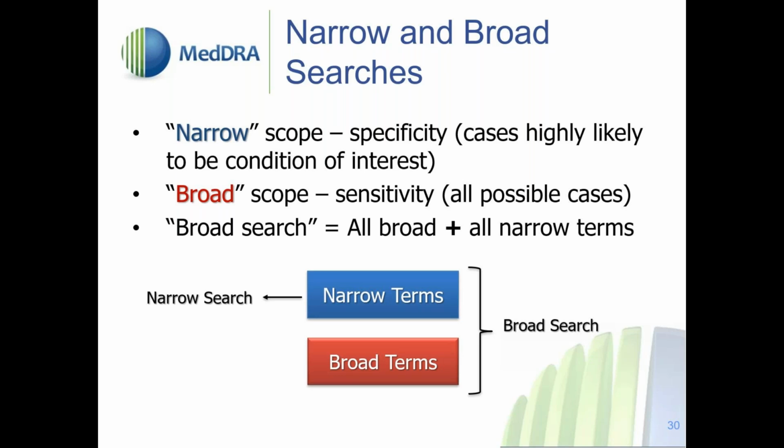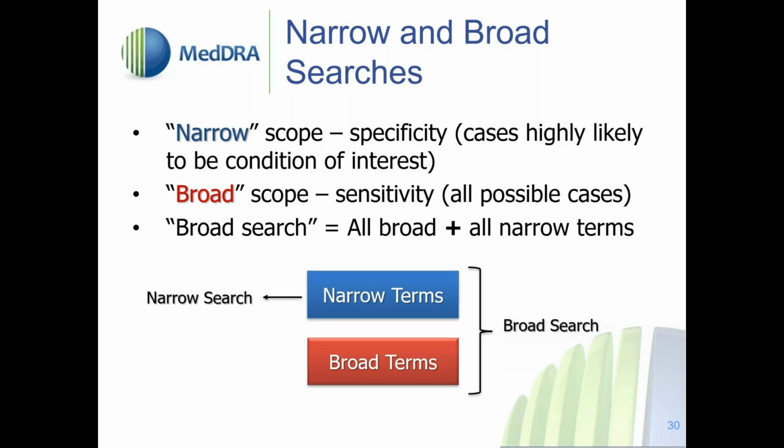And it really depends on, if you ask the question, well, which one do I select? You can select the scope of the search that is most applicable to the question being asked. So for example, if a compound is in early phase development or recently been marketed, maybe it's a good idea to do the broad search because you don't want to miss any relevant cases.